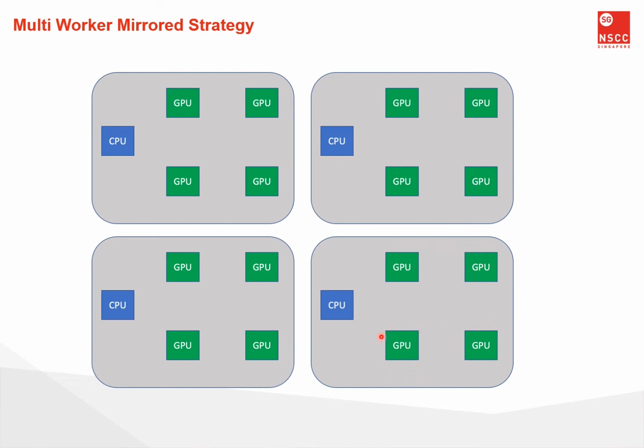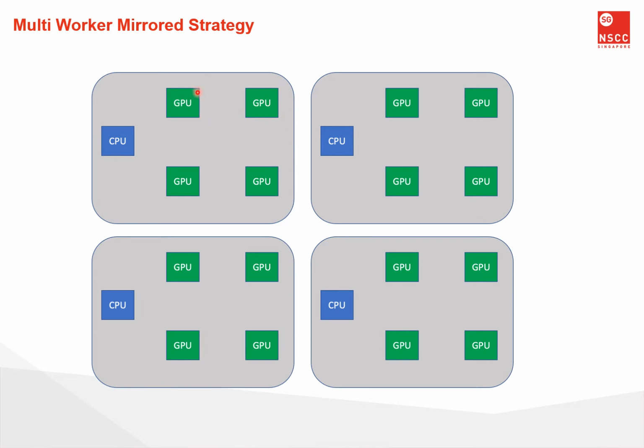But having more GPUs also means that we have to synchronize the gradients that are computed in each of them. Remember, this is still a synchronous strategy. So at the end of each iteration, we need to sync up all the mirrored replicas so that they have the same values, because we don't want these replicas to go out of sync, with one copy not being the same as another copy in another GPU.